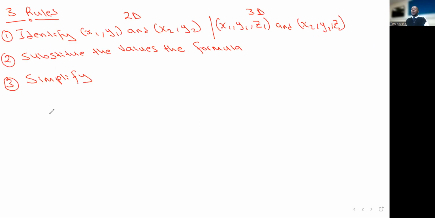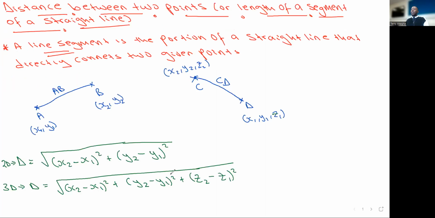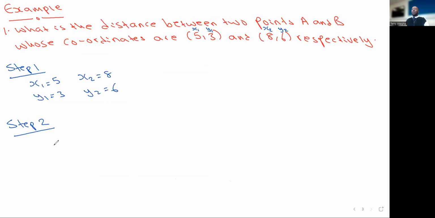Remember, for the formula, the first thing I told you for a 2-dimension is x2 minus x1 squared plus y2 minus y1 all squared. So we're going to substitute it here. The distance is going to be equal to the square root of x2 minus x1 squared plus y2 minus y1 squared.